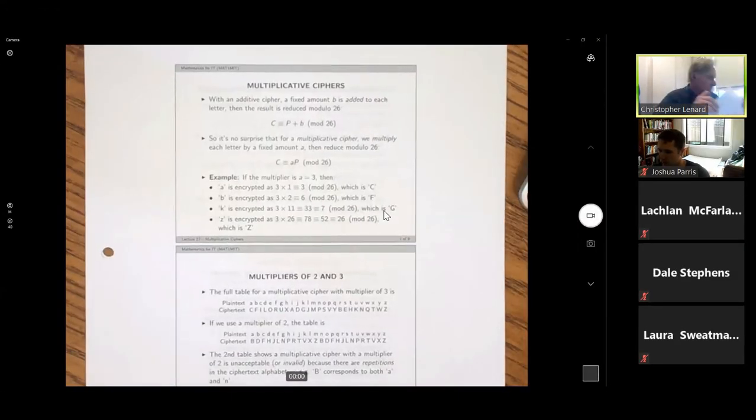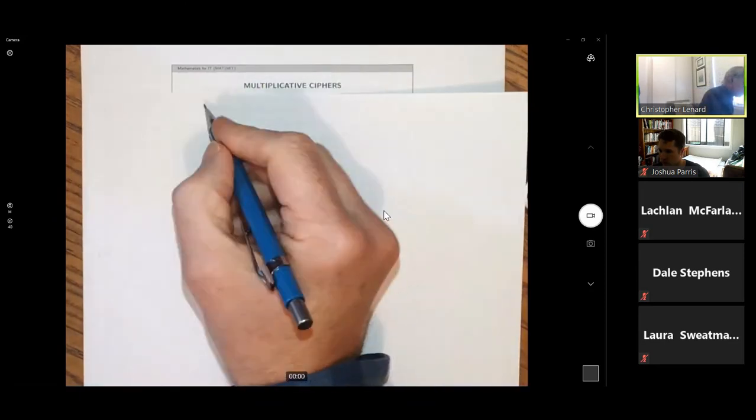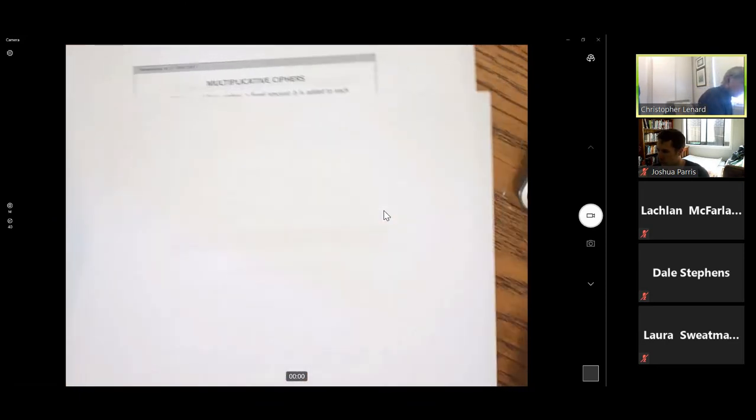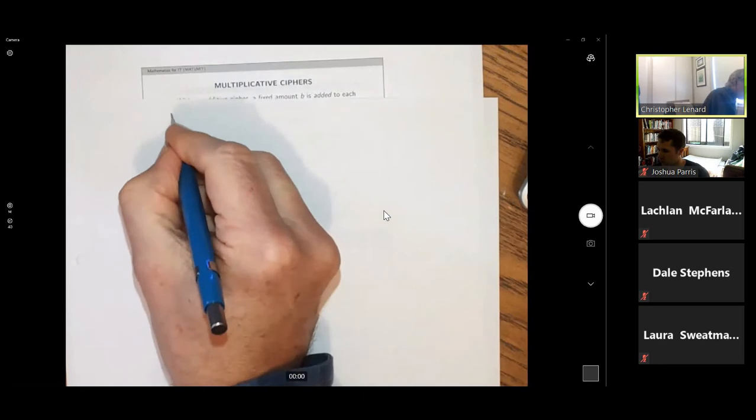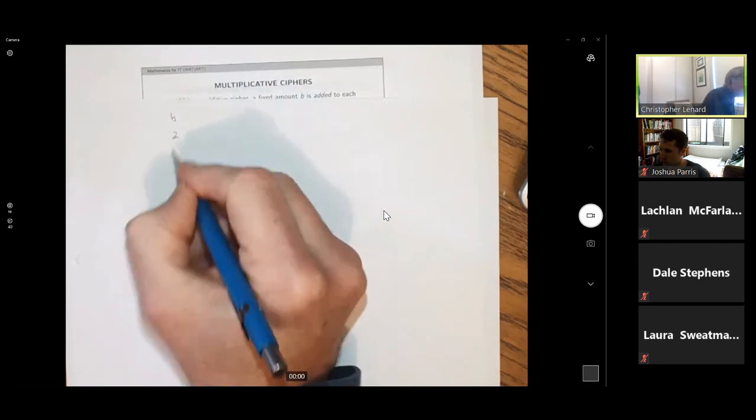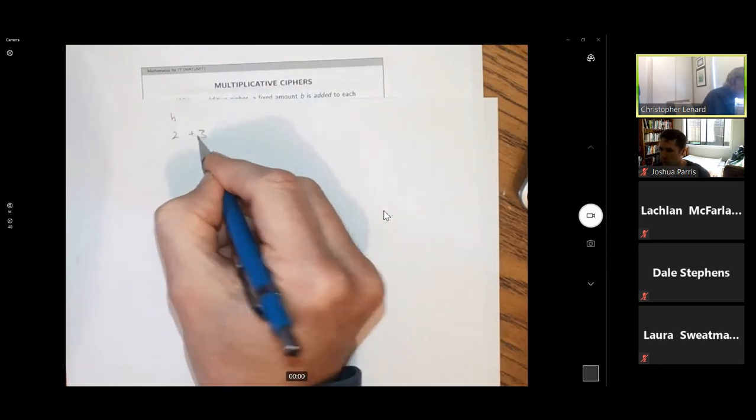So what we did last time, we took the letter B, which was in position 2. We added 3.